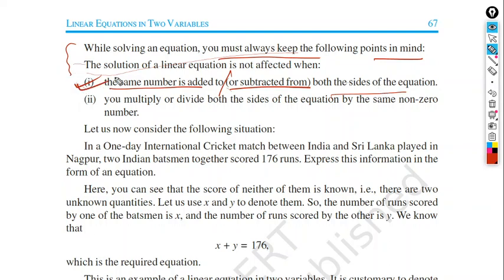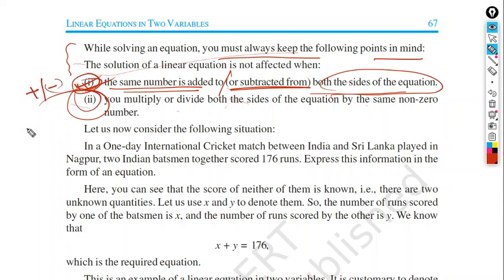And the second point is that you must multiply or divide both sides of the equation by the same non-zero number. The first point was about addition or subtraction, and the second is about multiplication or division. Here also the same condition: you have to multiply or divide by the same non-zero number. Okay?